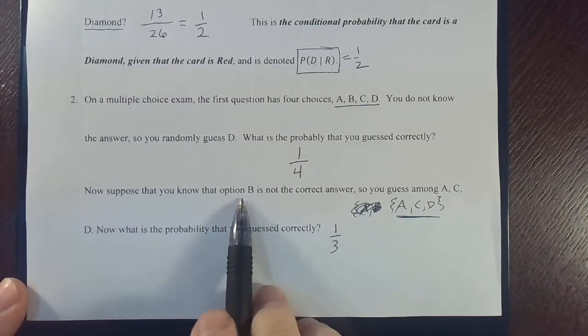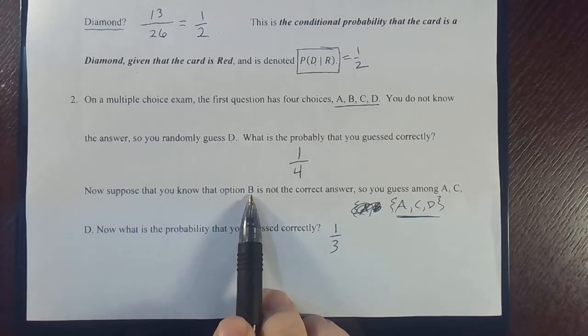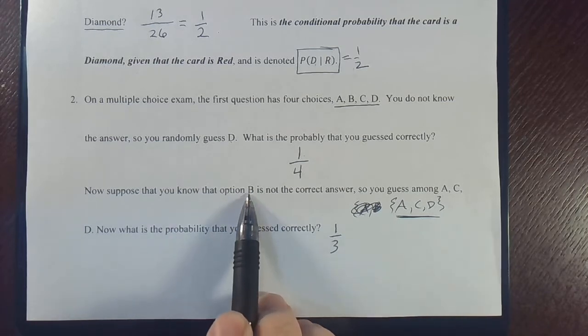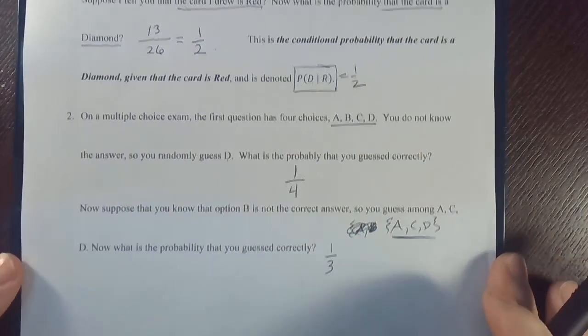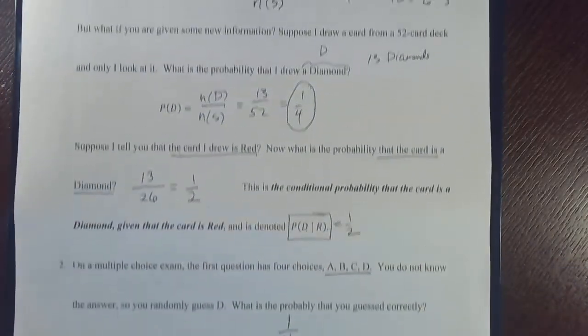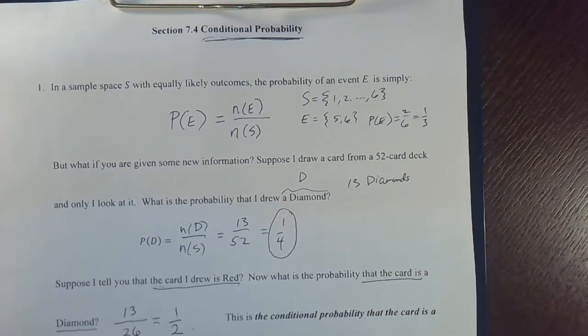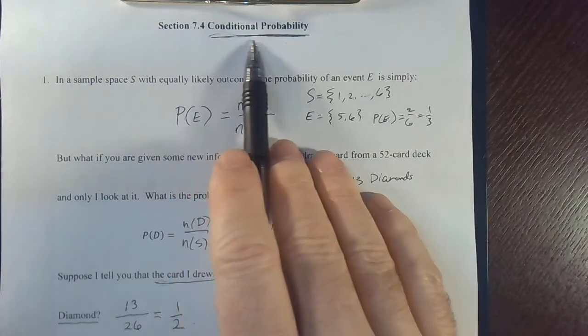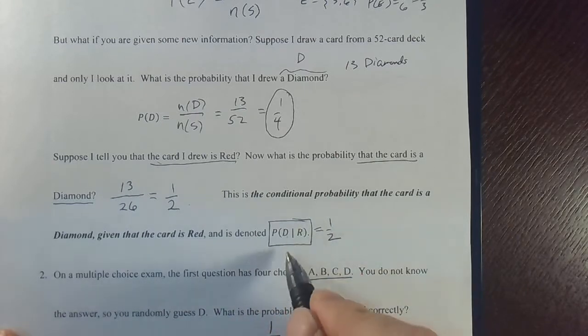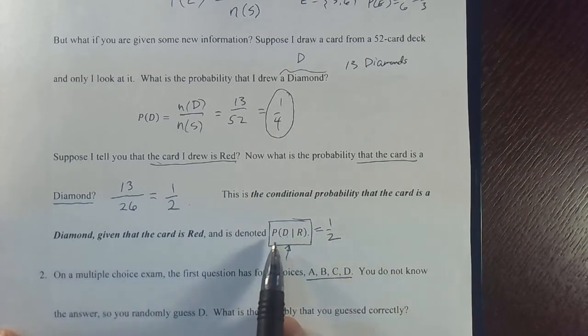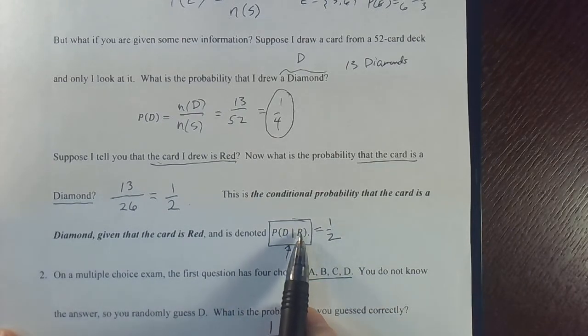So based upon some information, in this case the new information was you know that B is not the correct answer, the probability is changed. Well, we'll eventually get in another video a formula for determining conditional probability. A formula for this statement right here, the probability of D given that R occurred.